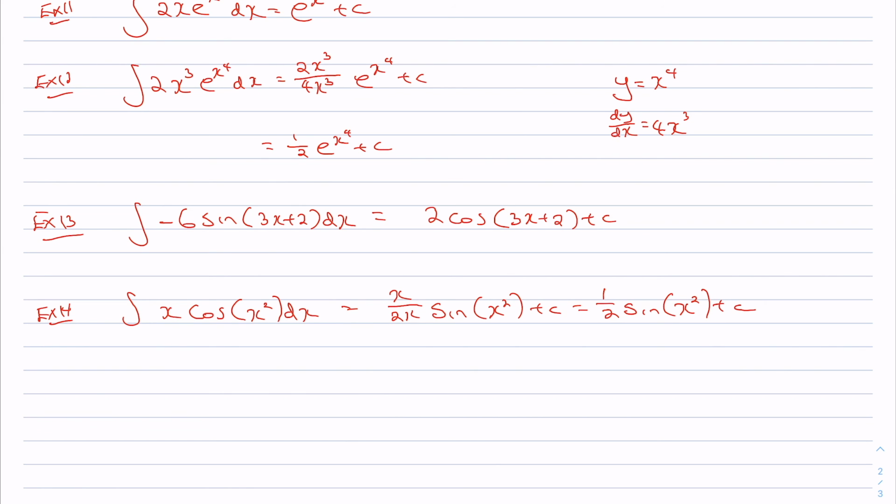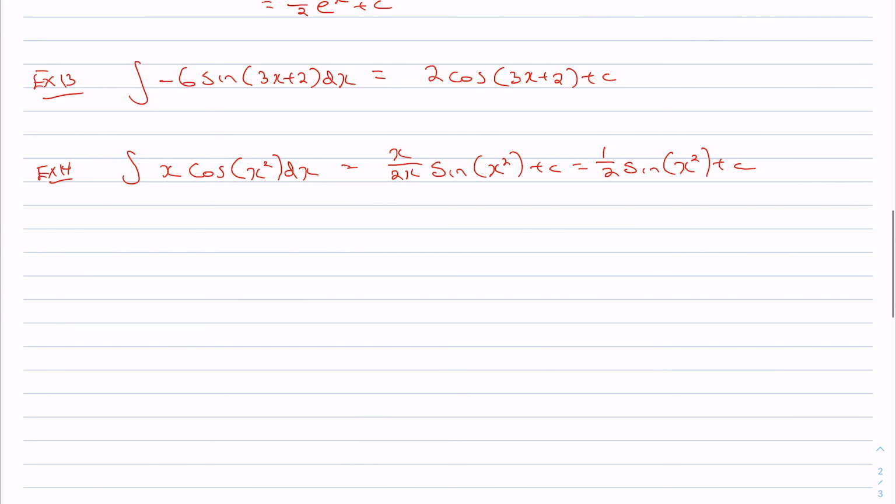And then let's do another one, just the final one. Let's make it end up on a nice number, example 15. What is the integral of 3x cos x squared minus 7 dx?